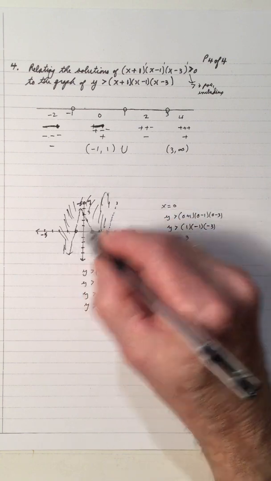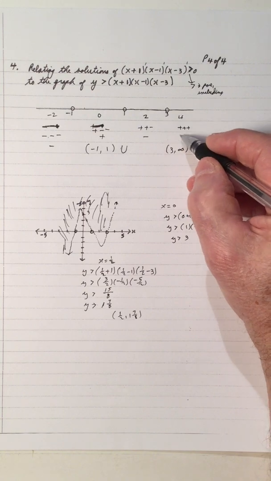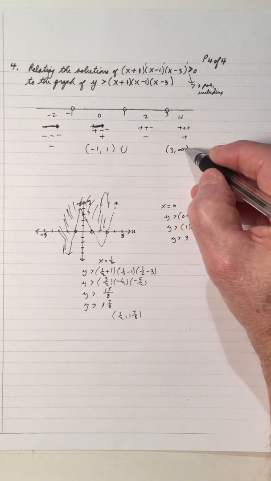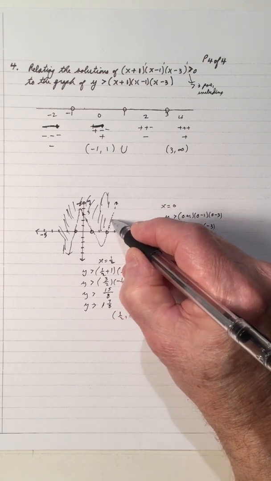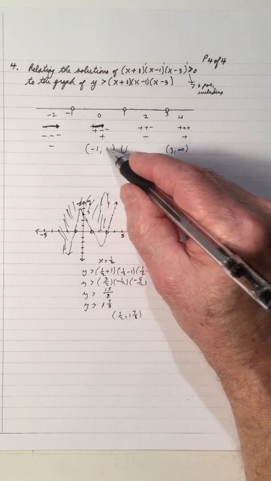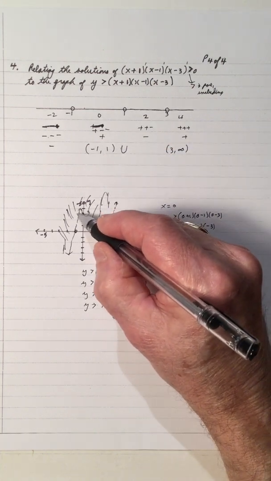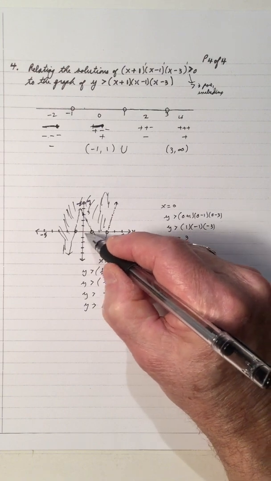So how are we related? Well, notice we said the answer was here, 3. So notice the y value is positive up here, above, and y is negative here below.